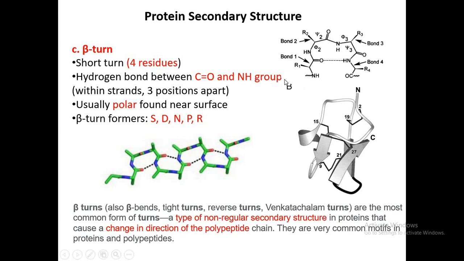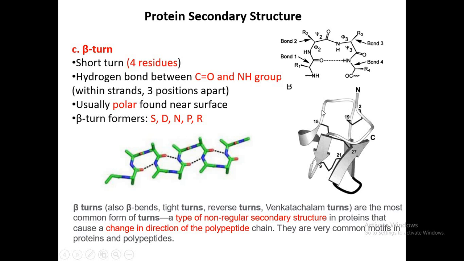So what is a beta turn? It is a type of non-regular secondary structure having 4 amino acid residues, found in proteins, and due to these 4 amino acids the protein can change direction. Here we can see 2 beta pleated sheets and here is a turn.